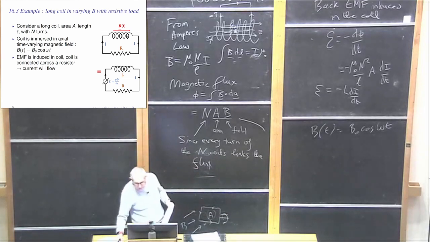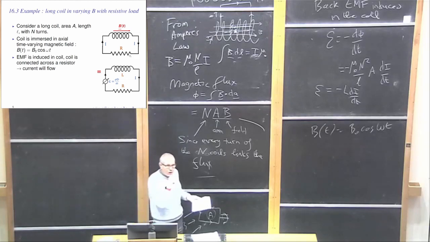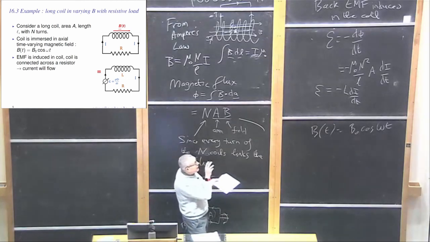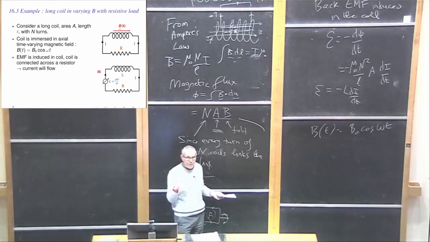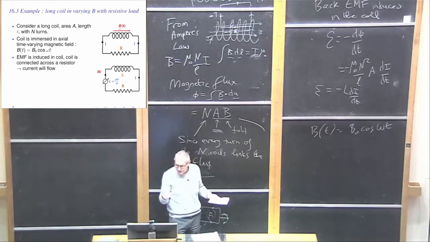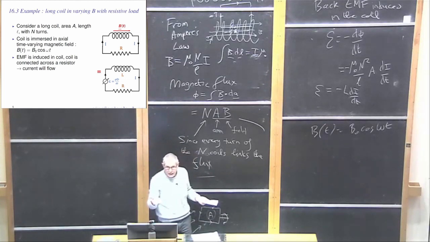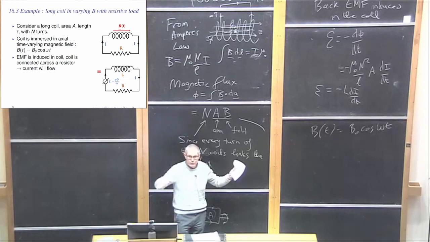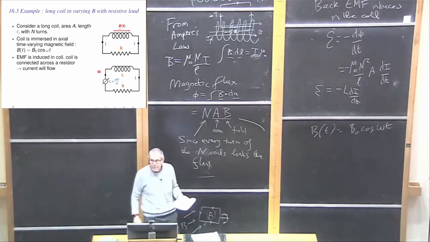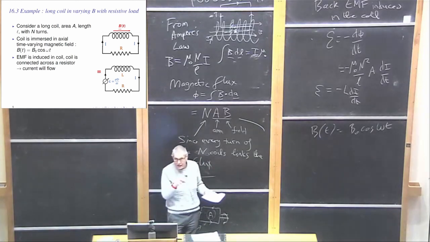But this time, we've actually got a resistor in the circuit. So we've induced an EMF. Now, what happens to that EMF? Because we have this EMF, we will have a current flow because we've got a circuit. Now, as an aside, right?